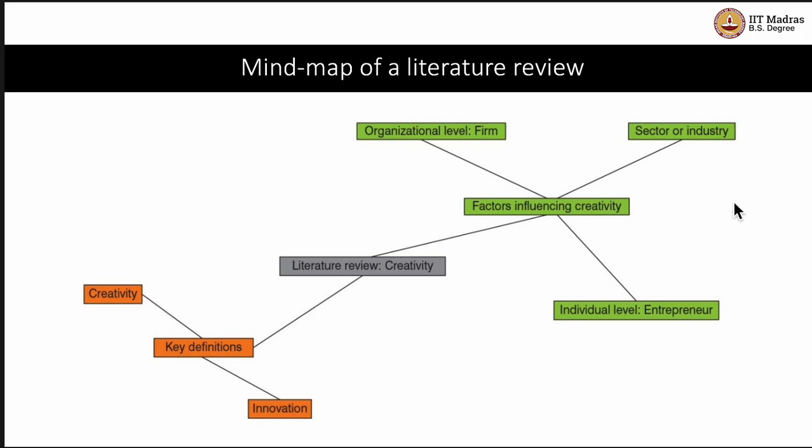So that could be some kind of individual level they are looking at. So there could be some factors that affect creativity at the micro level, meso level, and macro level, and the context in terms of industry.